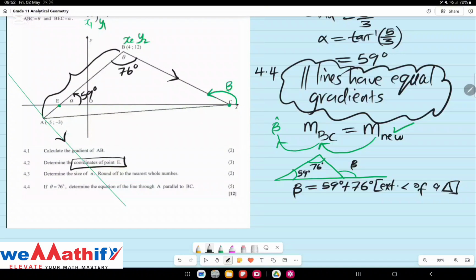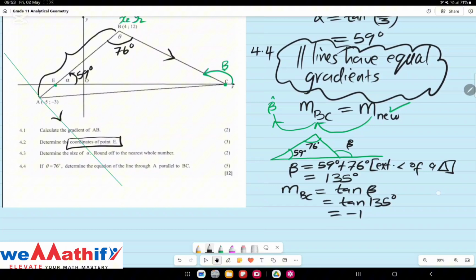We're giving our statement plus reason. And beta is 135 degrees. Now, we know that the gradient of BC will therefore be equal to tan of beta, which is tan of 135, and this gives us -1.